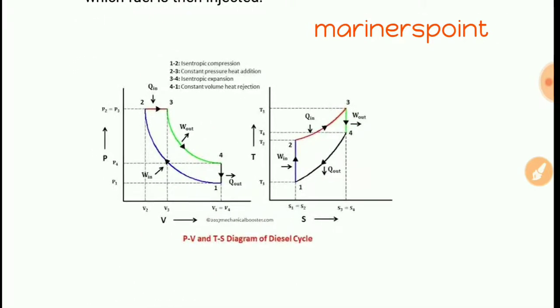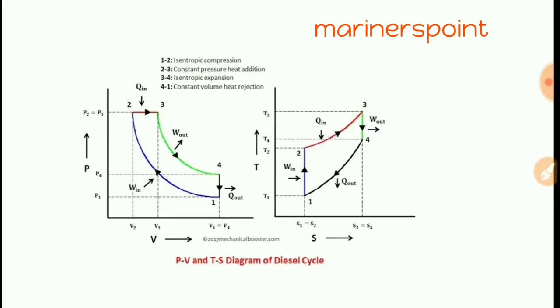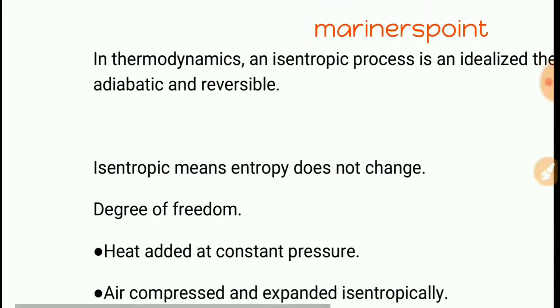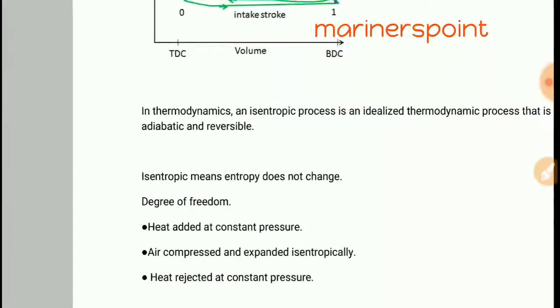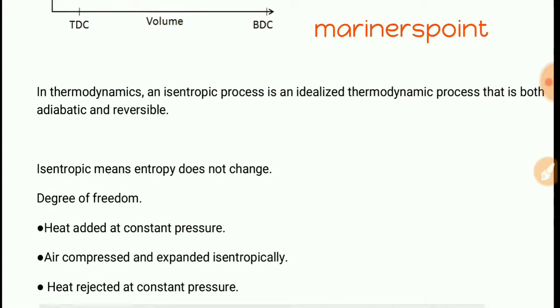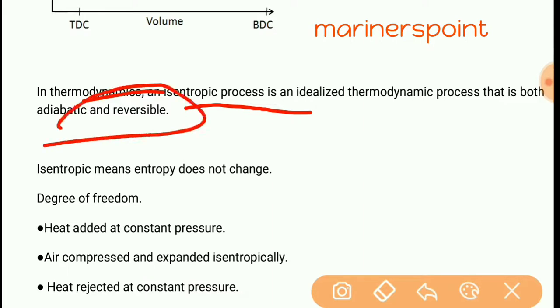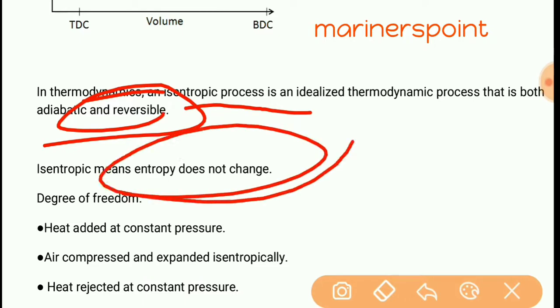We have to know what is isentropic. In thermodynamics, an isentropic process is an idealized thermodynamic process that is both adiabatic and reversible. Isentropic means entropy does not change.